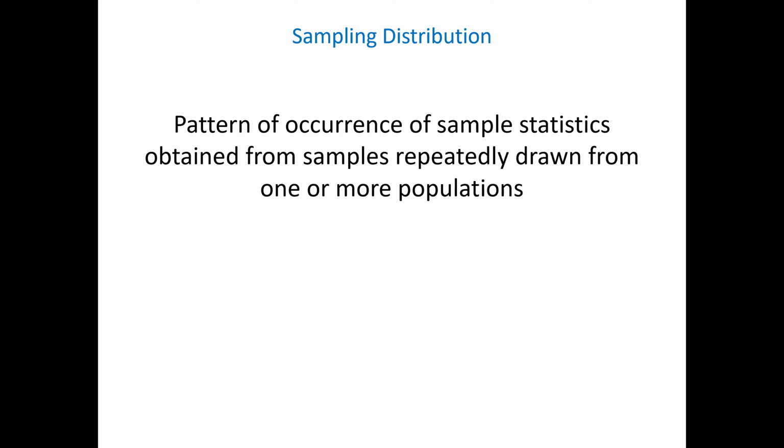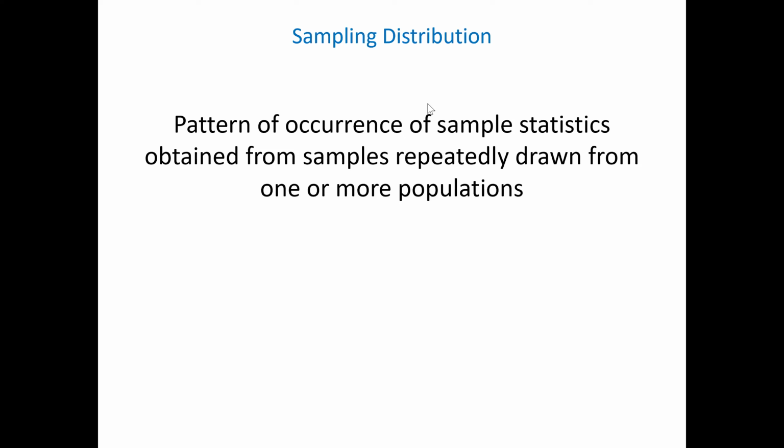Let's look at sampling distribution. The next concept you want to look at is sampling distribution. What is sampling distribution? This issue of distribution, we came across it when we were talking about descriptive statistics. When we came to probability, we talked about distribution, because we talked about probability distribution also.